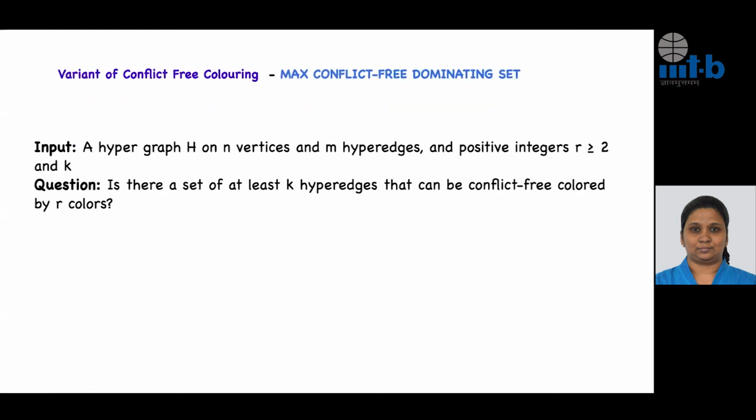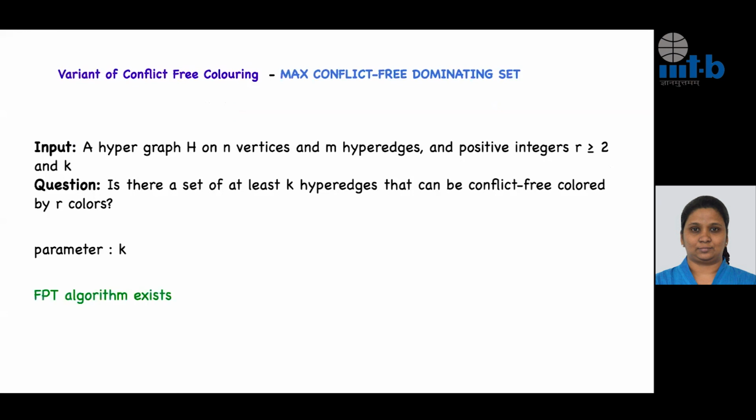And so we study the parameterized complexity of this question. So the question is, does there exist a set of at least k hyperedges that can be conflict free colored using R colors? We are assuming R as a constant here. So here the parameter is k, the number of hyperedges that need to be conflict free colored.